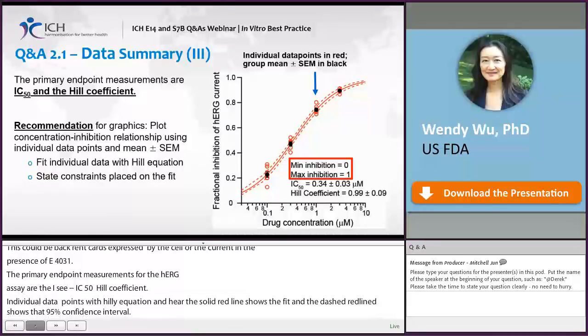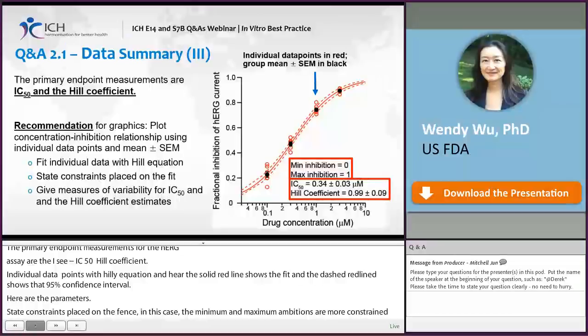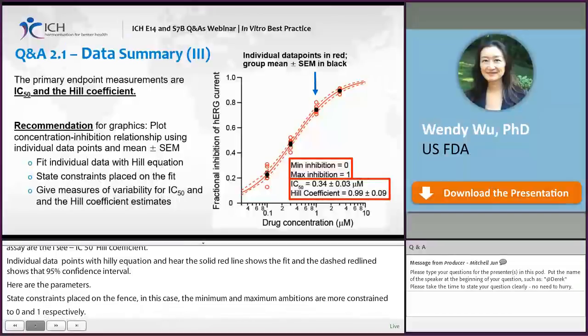In this case, the minimum and maximum inhibitions were constrained to 0 and 1 respectively. Finally, give measures of variability for IC50 and the Hill coefficient estimates. In this case, IC50 and the Hill coefficient are reported as mean plus or minus 95% confidence interval.